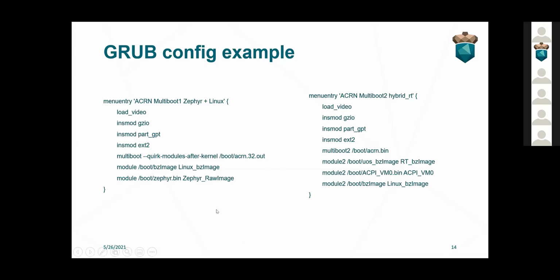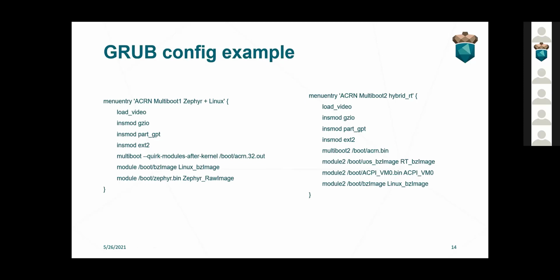In the module command line, you will find there's what we call a tag after the file name. The tag is used to identify which image is used for which VM.